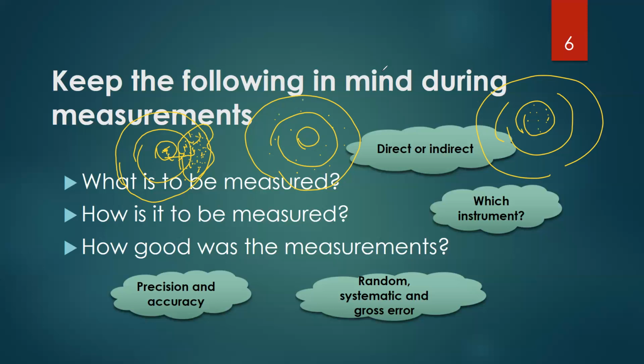But here, they are all around the center of the target, and probably they are accurate because they are around it, but not precise. And in the last case, it's the center of the target, and all are close. It is precise and accurate.